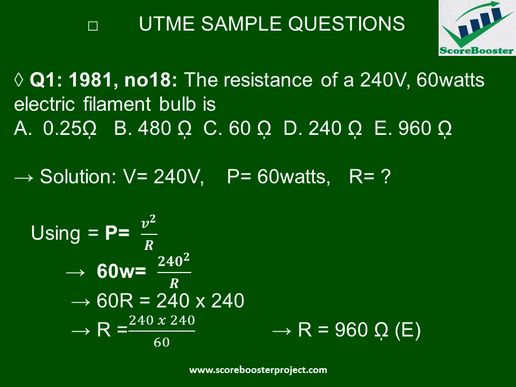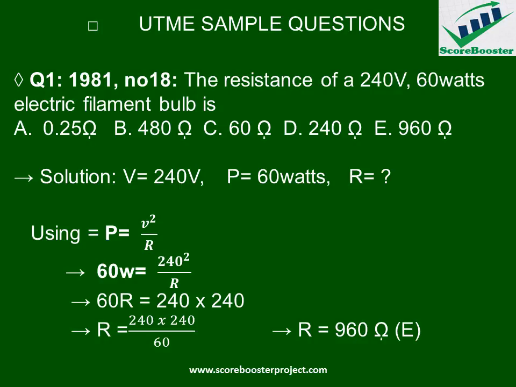So if we substitute, that will be P, which is 60 watts, equals phi square, which is 240 square, over R, which is unknown. So we can cross multiply to get 60R equals 240 times 240. And we make R the subject of the formula by dividing both sides by 60.